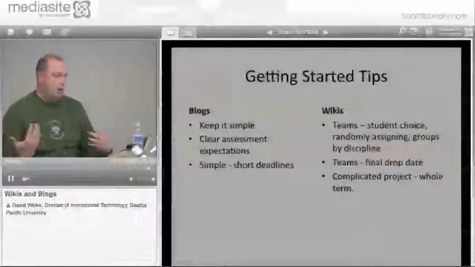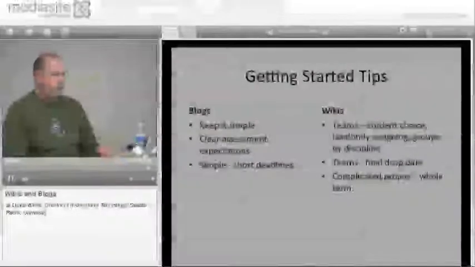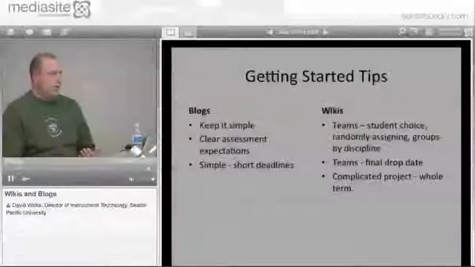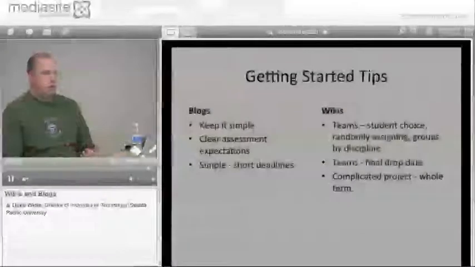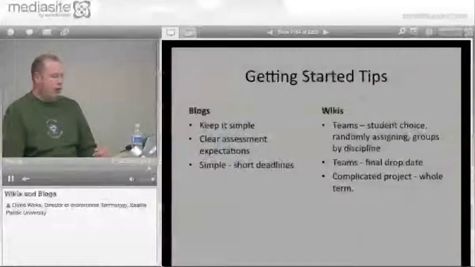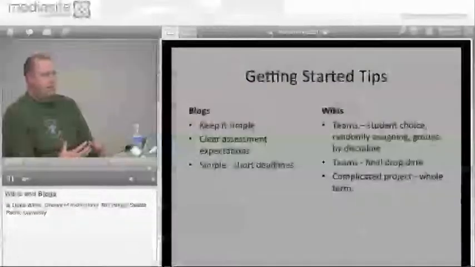I'd like to just close then by giving you some getting started tips. Overall, whether blogging or wikis, start by keeping it simple. Don't make the project overly complex, although just by nature, the wiki project being a group project probably will be more complex. With the wiki, keep the assessment expectations clear.